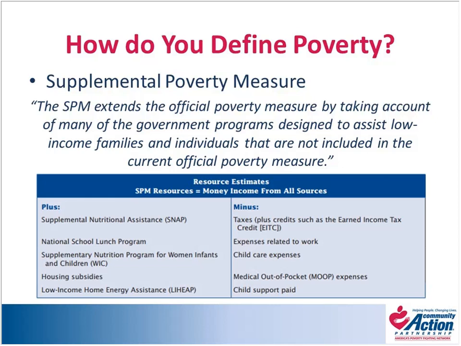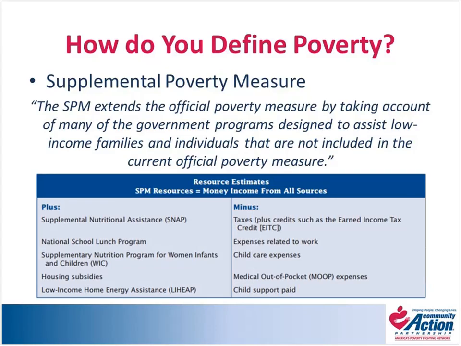There are also some networks and organizations that have other ways to measure poverty. The challenge here is that community action agencies know plenty of people they serve who are technically above the poverty line as the federal government defines it, but are still definitely in poverty, with crucial needs that aren't being met.